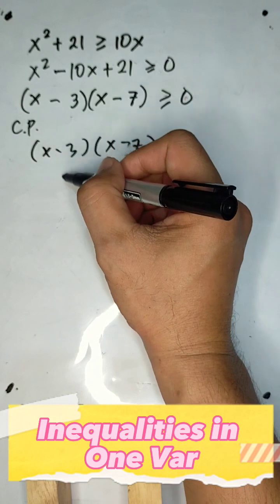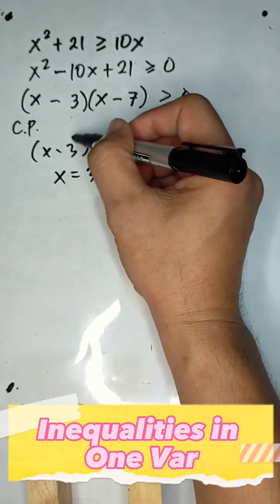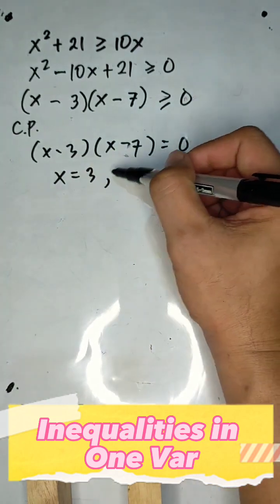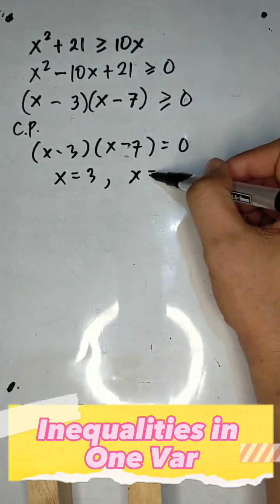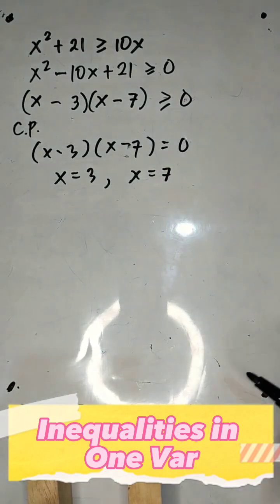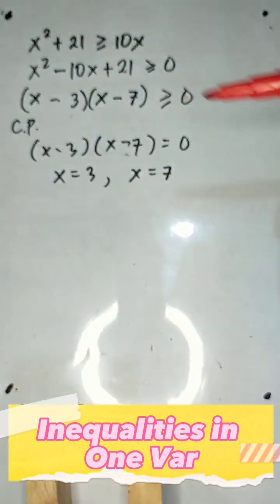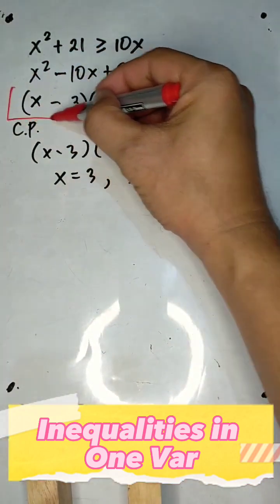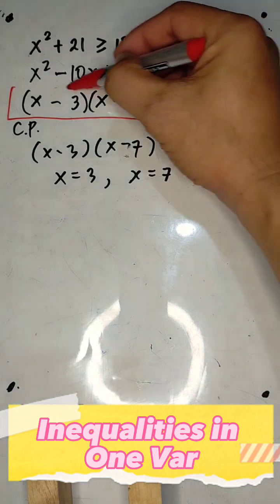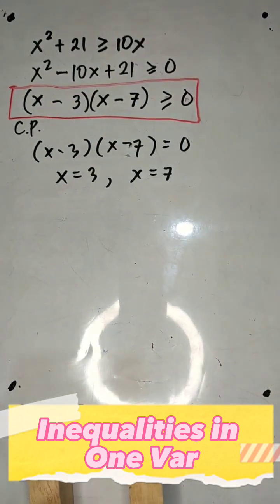So that means our x is equal to 3 to make this 0: 3 minus 3 is 0, and then x equals 7 to make this 0: 7 minus 7 is 0. Now this inequality here is important, because we will be using this in finding the solution.